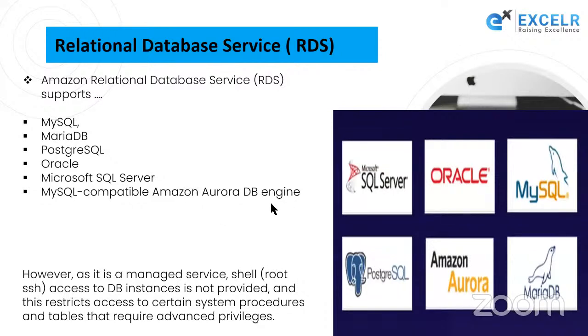Now the last one is the proprietary database engine, which is created by AWS, and it is being offered as a very viable solution as compared to other commercially available database solutions in the market. So we will look at all these offerings in the console, and we will create one database, MySQL, and we'll try to connect to it and see the connectivity.